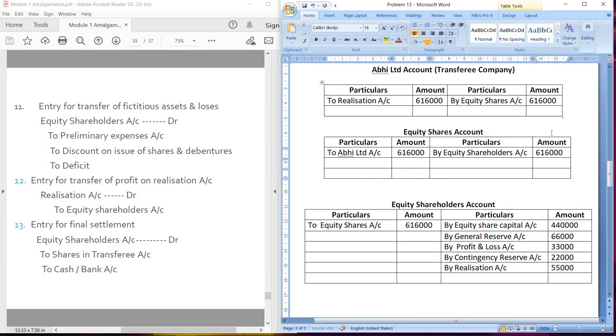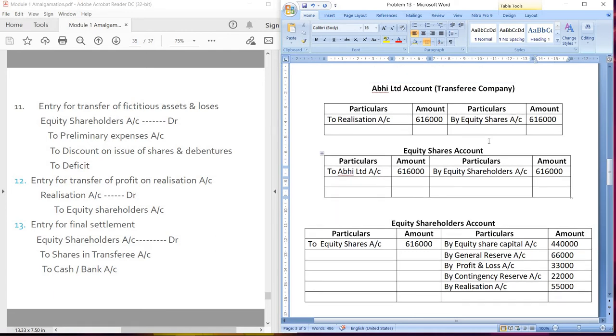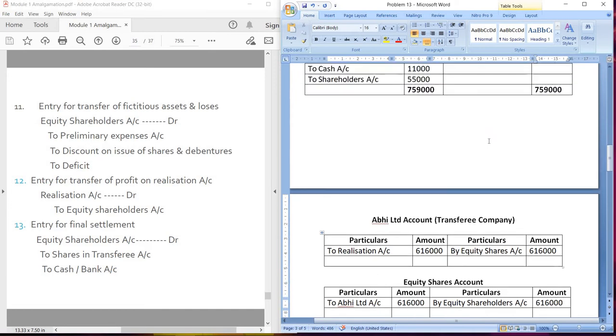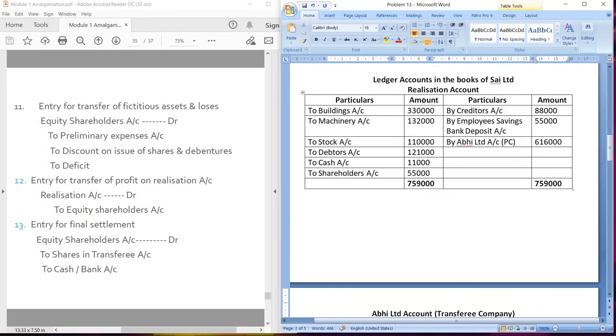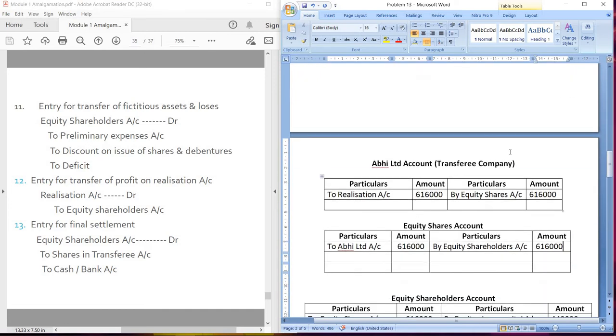Okay, so we are done with all the accounts. Let us close all the accounts one by one. We have already closed the realization account. Now let us close the transferee company account. The total is 6,16,000 for this account. Then let us close the equity shares account. Total is 6,16,000.